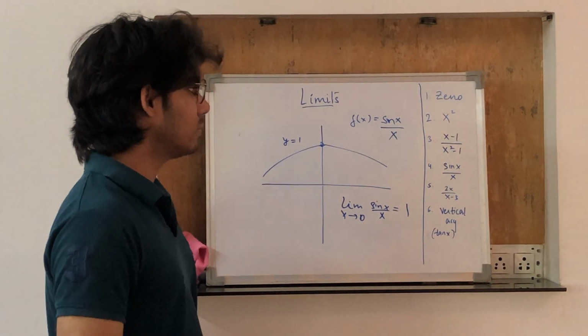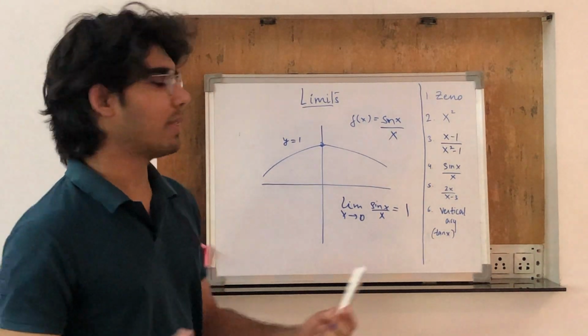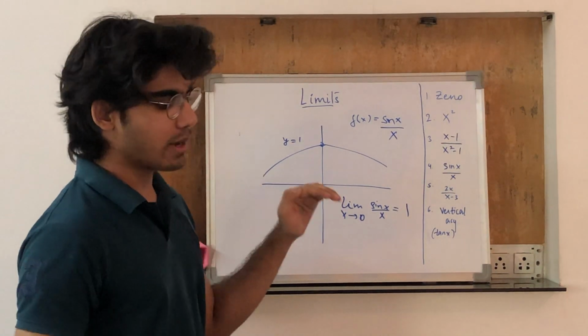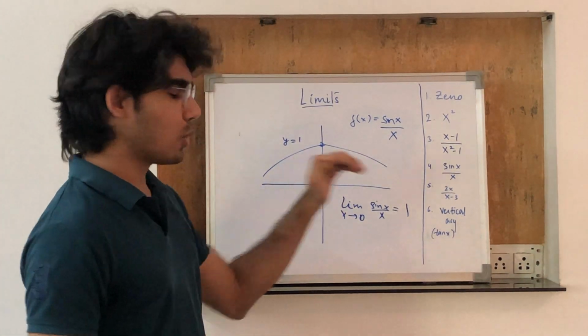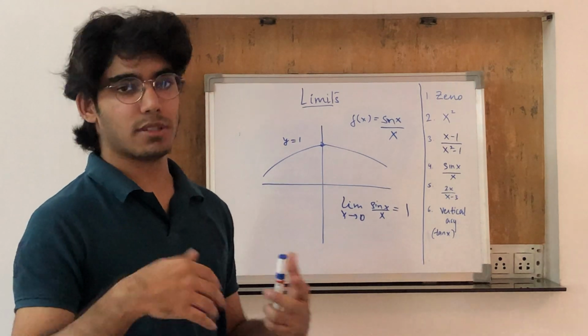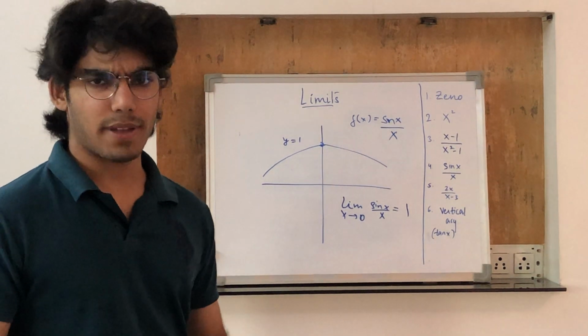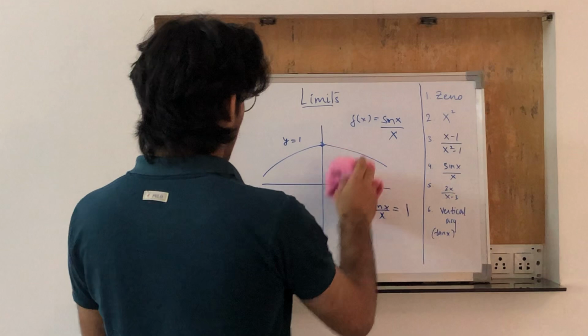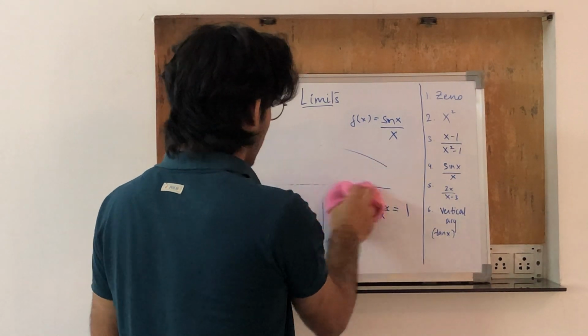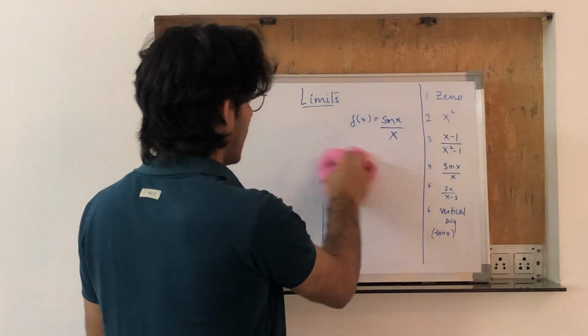So now we know how limits work and what they do: x is approaching a particular value, and you're trying to find what happens to the value of y, or f of x, the function. So I discussed a concept here, right? The left-hand limit and the right-hand limit.